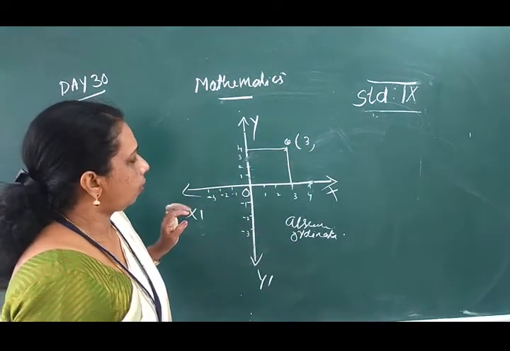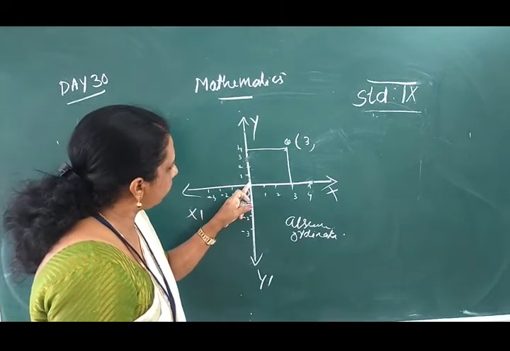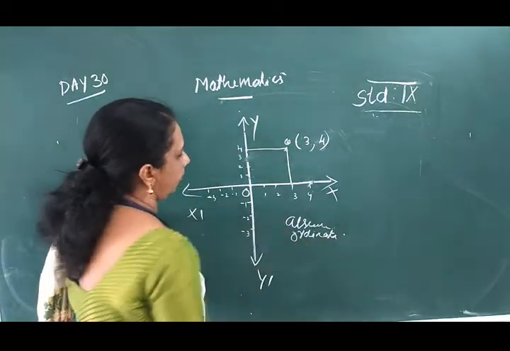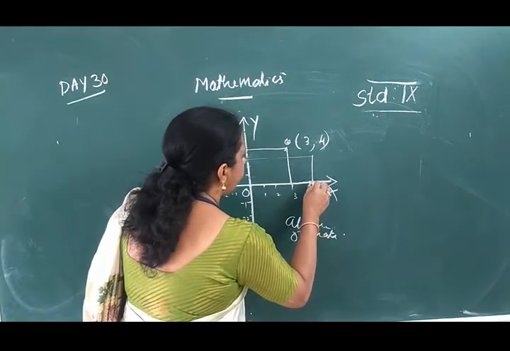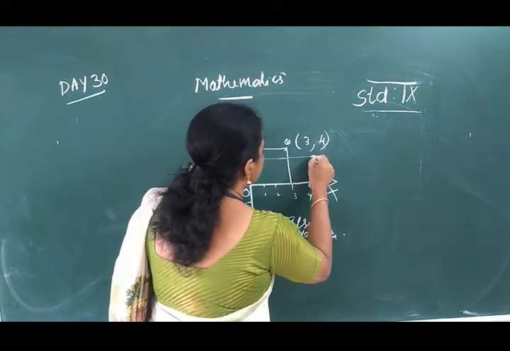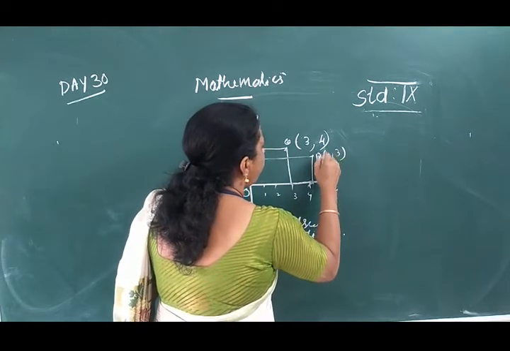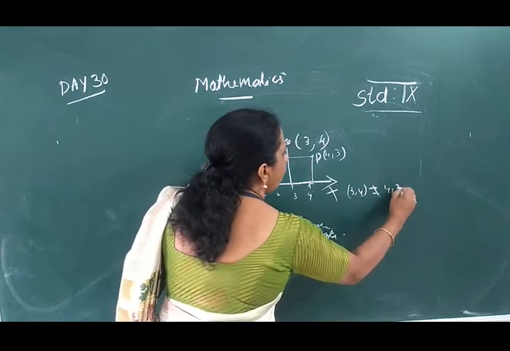And its y coordinate, the perpendicular distance from the x-axis measured along the y-axis, is 4. So its coordinates are 3, 4. This other point is 4, 3.